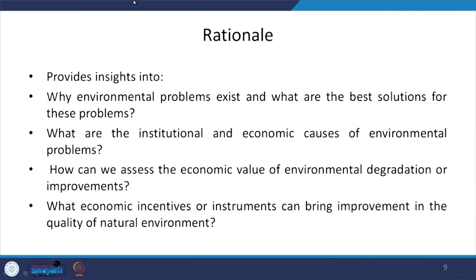What economic incentives or instruments can bring improvement in the quality of environmental resources or the natural environment, that is also necessary, and for that we must understand environmental economics. Environmental economics determines the most reasonable trade-off among various sets of environmental goods.